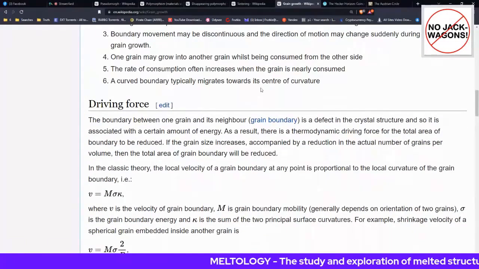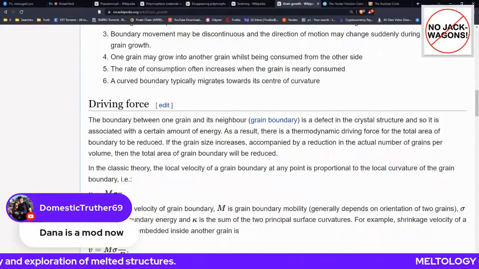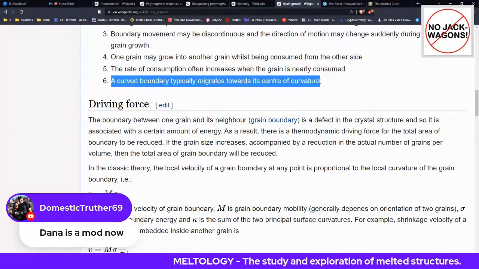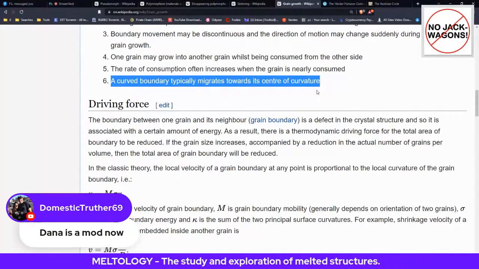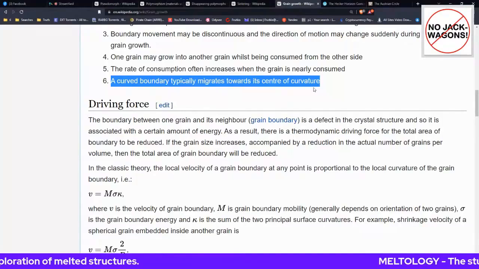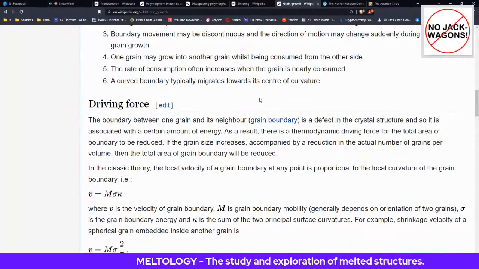And this is interesting too, because they say a curved boundary, like arches, typically migrates toward its center of curvature. So that's probably why we see arches that are filled, because it will not touch the curved boundary, but it will migrate to the center.